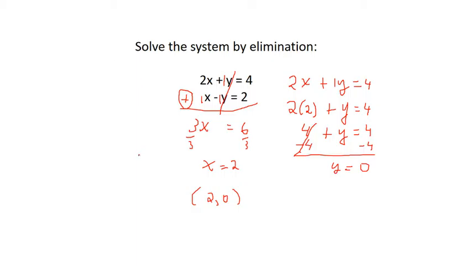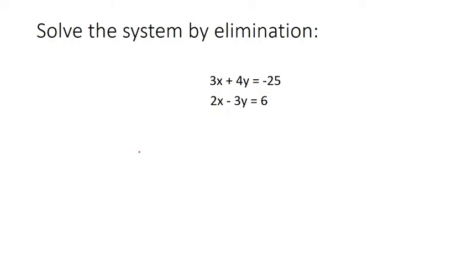Now we're going to move on and do something more challenging. So we're going to solve the system of equations by elimination. So we want to eliminate one of the variables. What I usually do is eliminate the x variable.